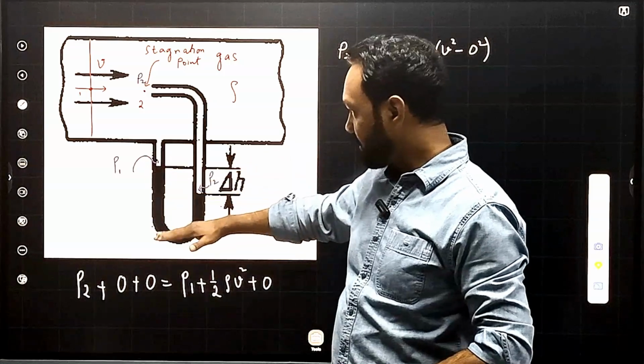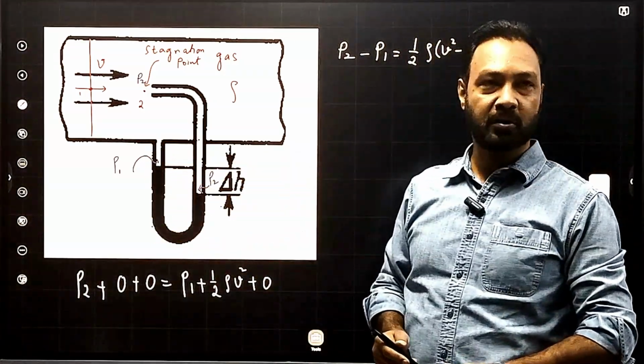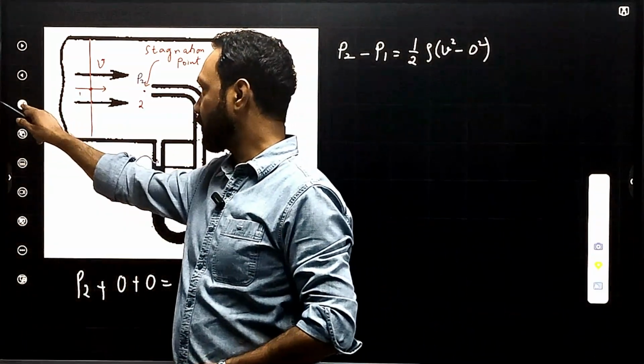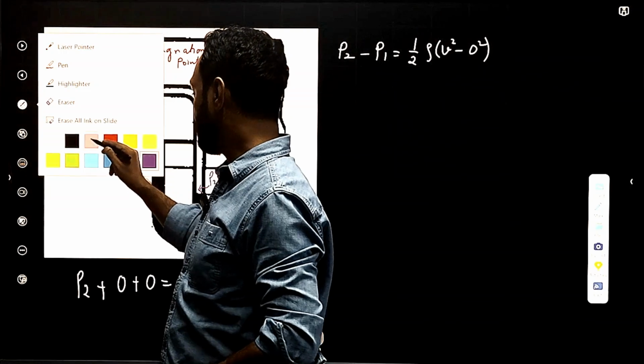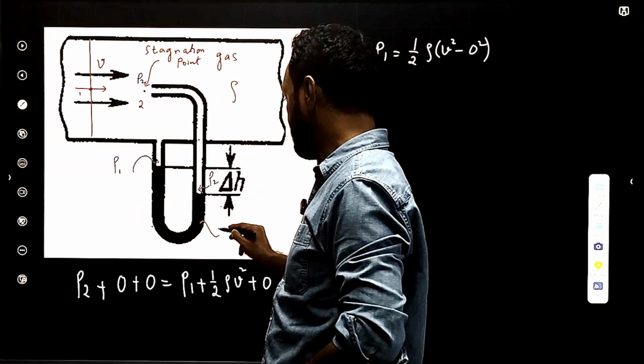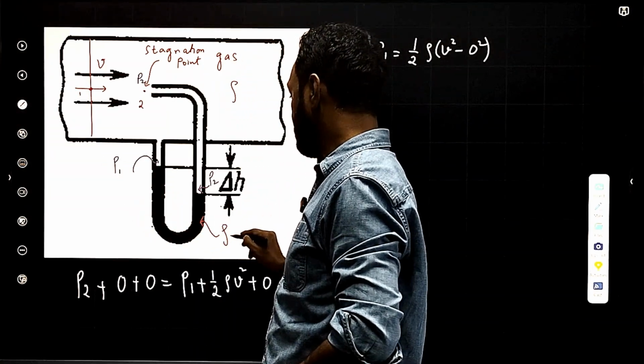So between these 2 points there is a pressure difference of P2 minus P1 through a liquid of density rho naught, as given.